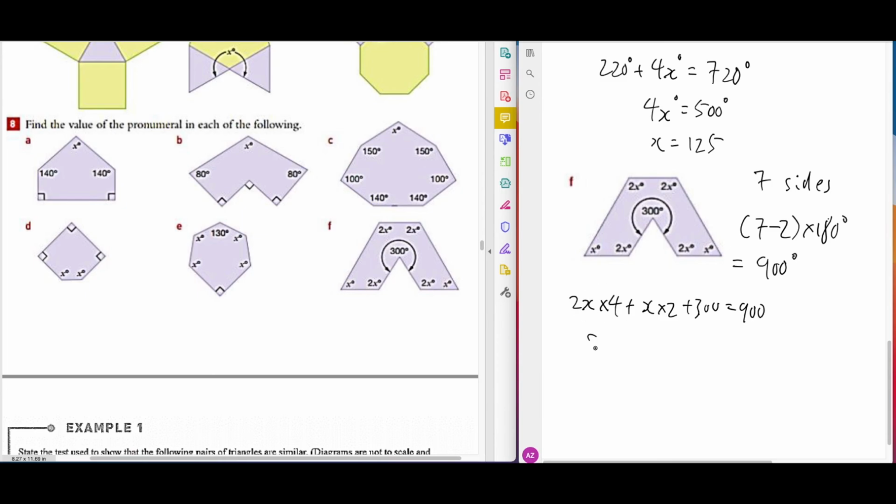So this is 8x plus 2x plus 300 equals 900. 10x plus 300 equals 900. 10x equals 600. X equals what? 60. Right? Actually, we don't need to even write the degrees because degrees is written for us. So then x is equal to 60.